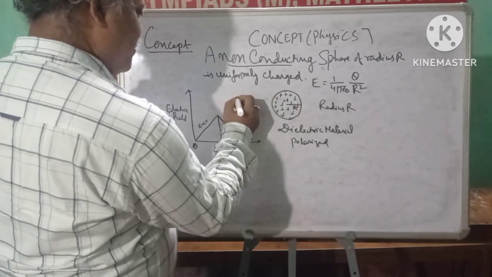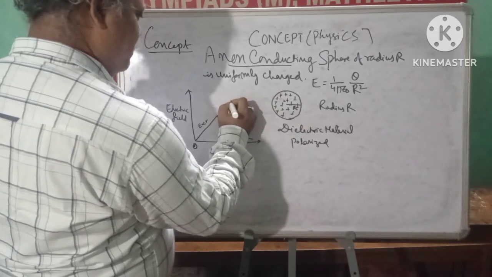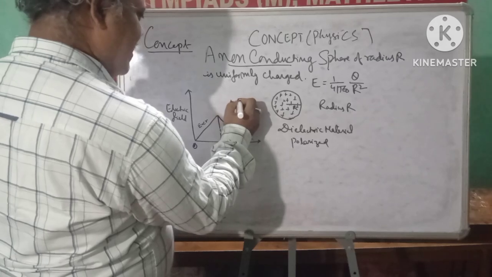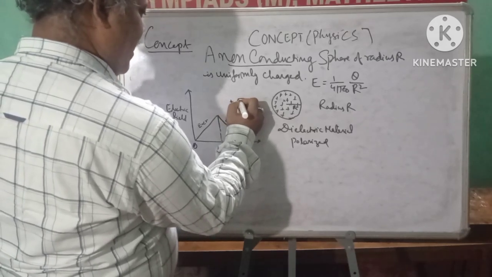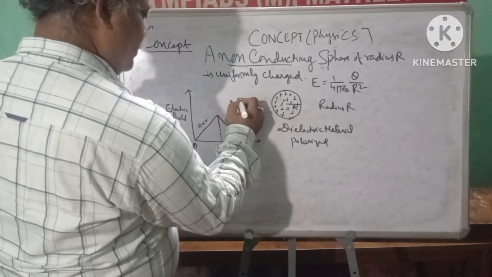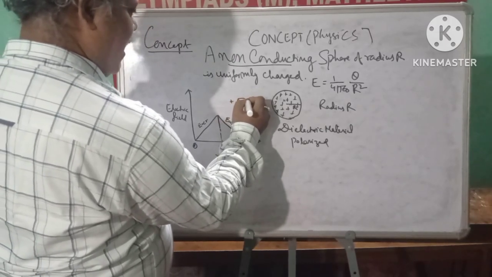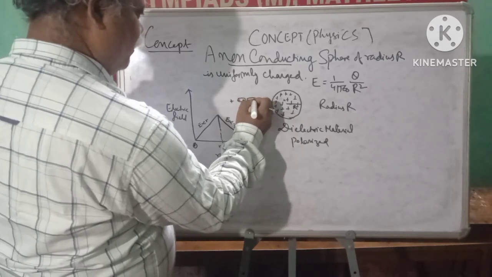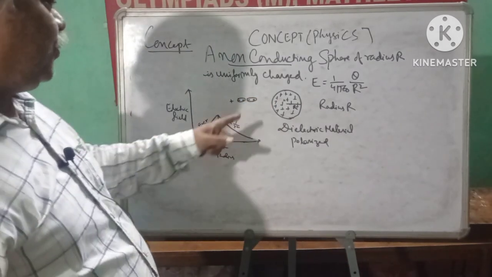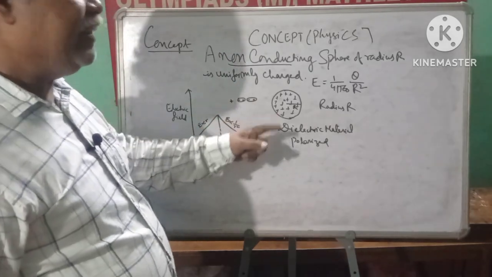Due to the surface charge, the inside molecules, the negative charge, will slightly shift towards the positive charge from the nucleus. So this will happen like this. The charge on the surface will polarize the internal sphere.